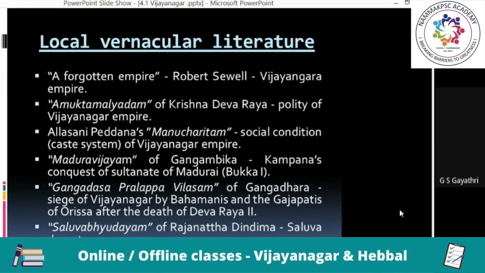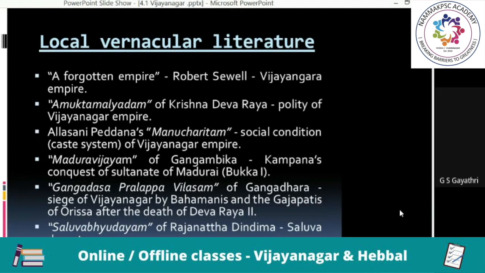Okay, Madurai Sultanates. Then comes our Gangadhara's Gangadasa Pradapa Vilasam. In this, we get to know about the siege of Vijayanagar by Bahamanis and the Gajapatis of Odisha after the death of Devaraya II. So how our Ganga's rule extended over Vijayanagar is what we see in this particular work of Gangadhara.